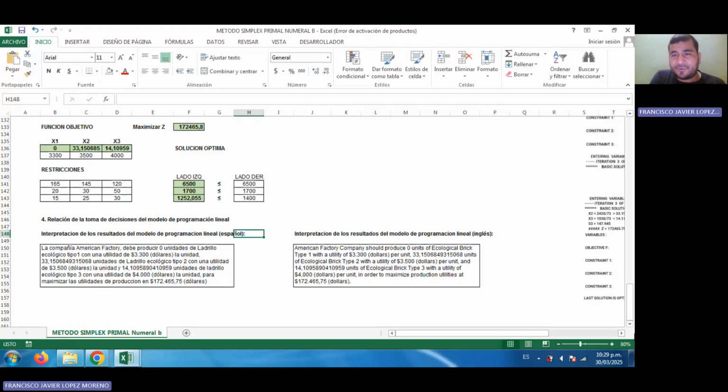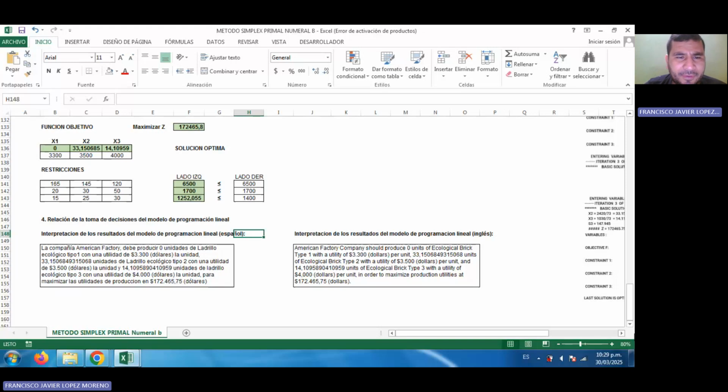American factories should produce 0 units of ecological brick type 1, utility of $3,300 per unit.